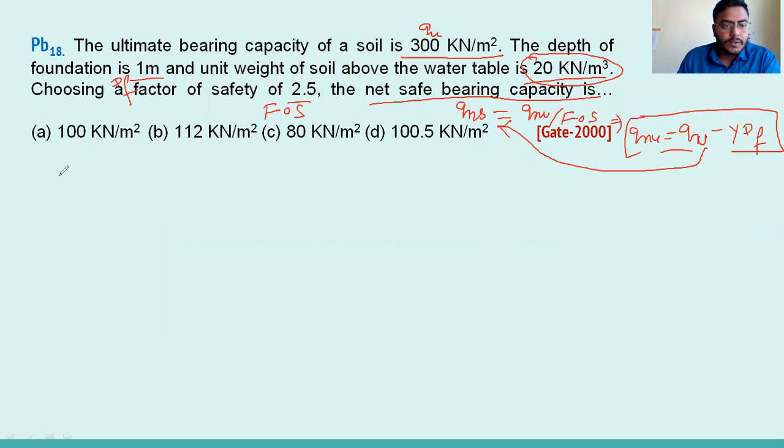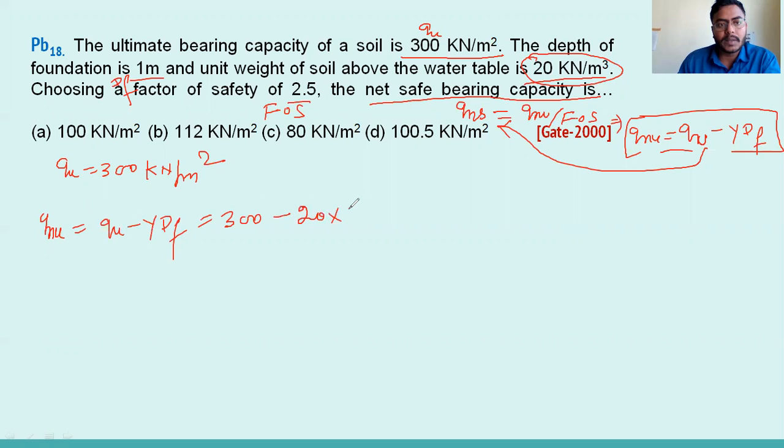Okay. So we have this QU 300 kilonewton per meter square. So we can calculate QNU, the net ultimate bearing capacity of soil. That is QU minus gamma DF, 300 minus 20 into, what is the depth of foundation? 1. So we can write 280. Right.